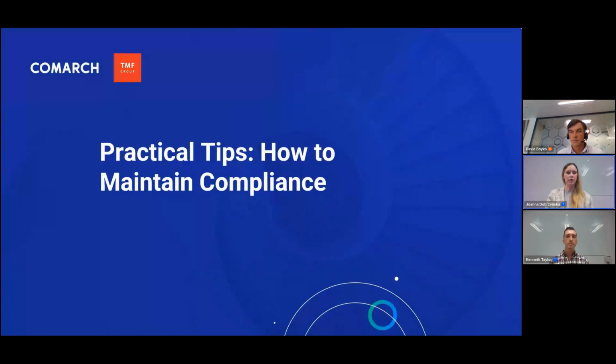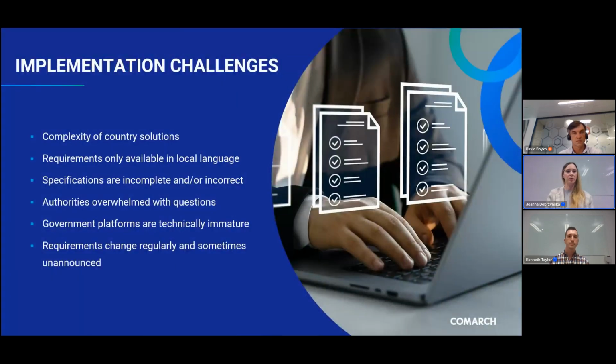So, in terms of compliance, some practical tips and also some challenges that companies have to face when planning the solution or, in general, the strategy for invoicing and e-reporting.